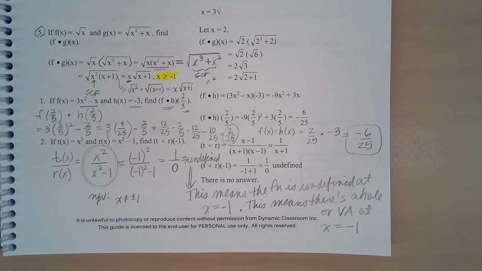I got my verticals. Okay, one more thing I usually run through is to see if there are any intercepts. So y-intercept is usually the easy guy to do. I put zeros in, so 0, right? And x-intercept, it has to be 0, right? If y-intercept is 0, let's see if I have any others though. 0 equals x squared over x squared minus 1. I do a cross multiply. I get 0 equals x squared.